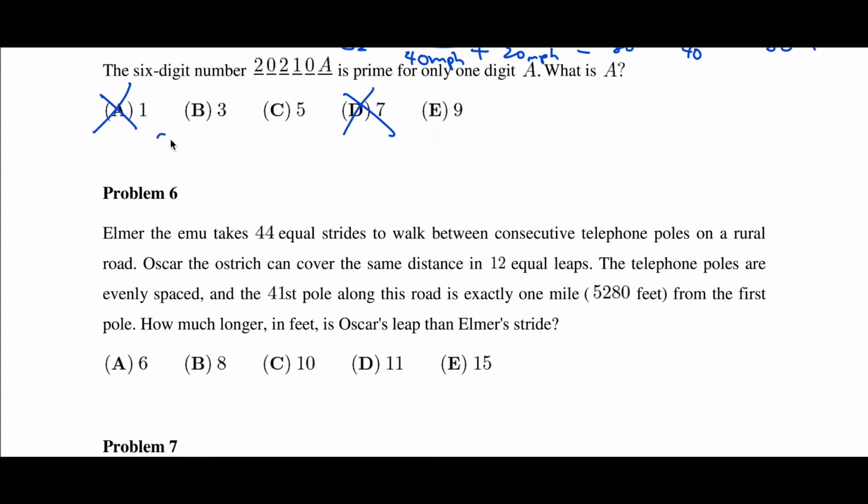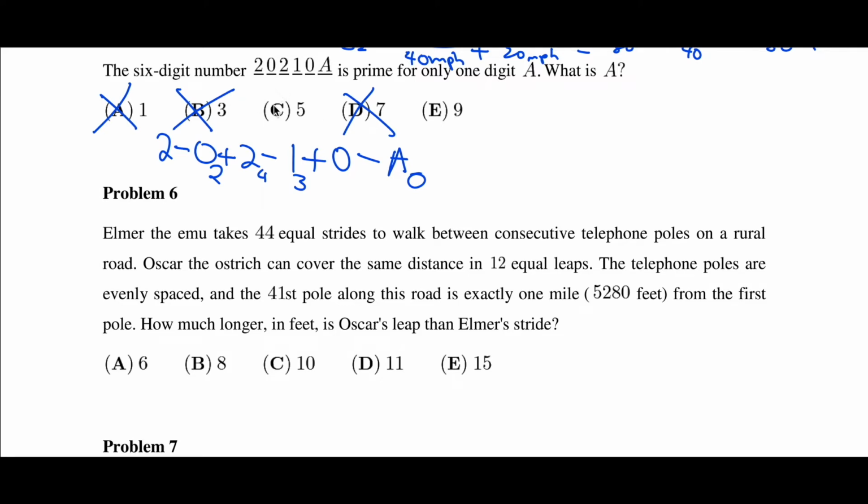So here you would have 2 minus 0 plus 2 minus 1 plus 0 minus A. So here you would have 2, and plus 2 is 4, and then minus 1 is 3, and then minus 3 here would be 0. So 0 is a multiple of 11, so that does not work.